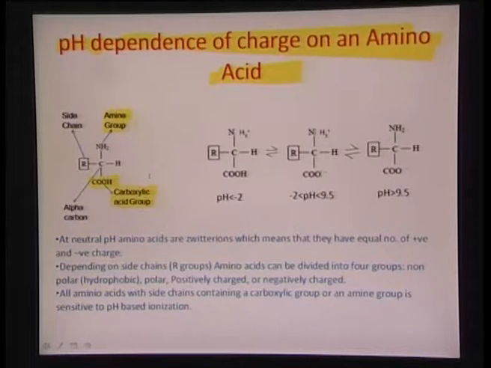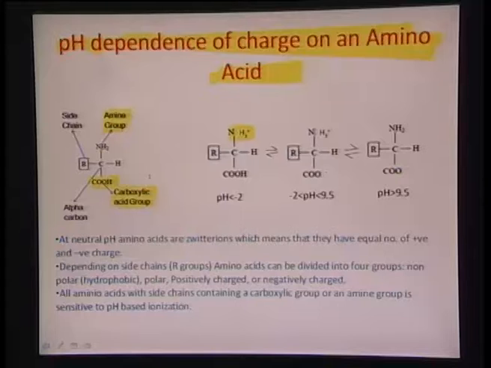So, a protein when put in a certain pH can absorb an excess hydrogen ion onto its NH2, forming NH3 plus, or, if the pH is slightly basic, it can generate a hydrogen ion, thus creating COO minus. What is interesting here is that it is a function of pH.